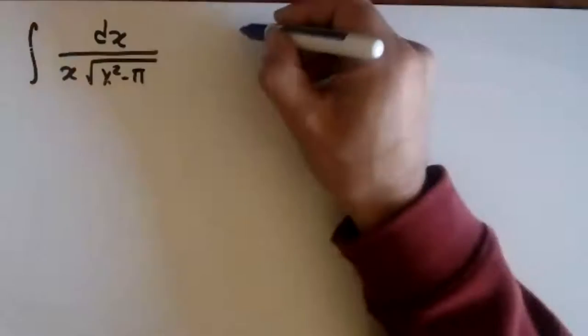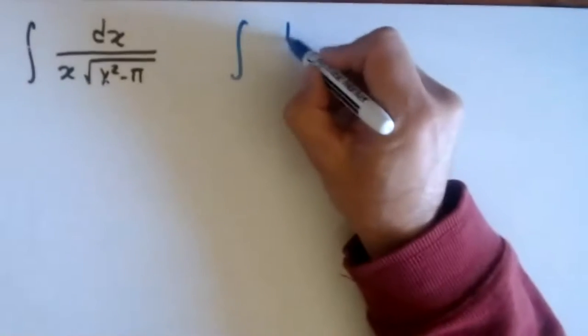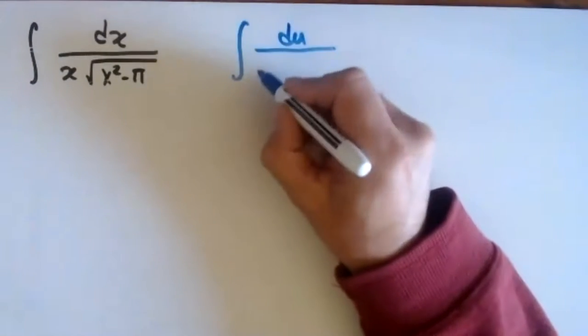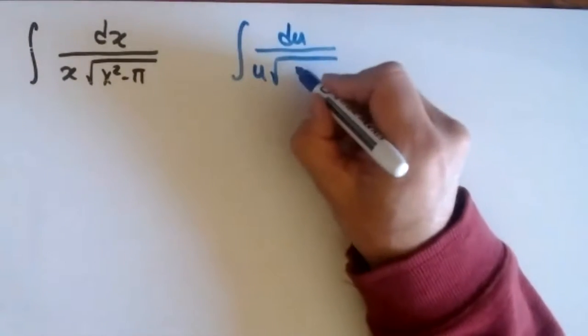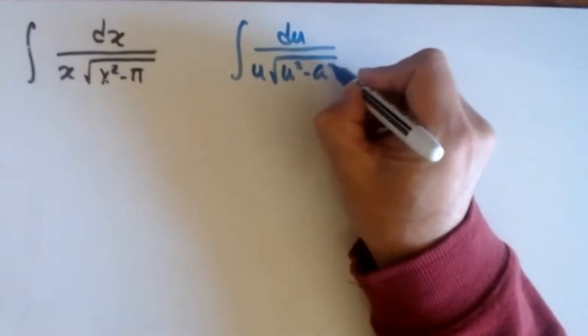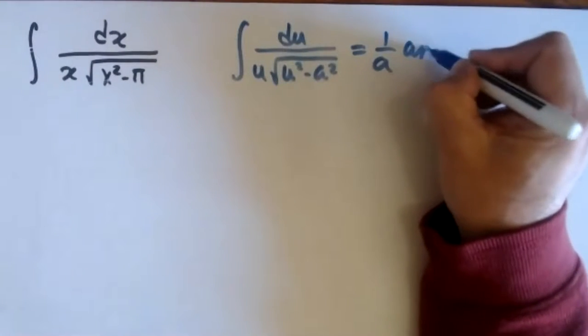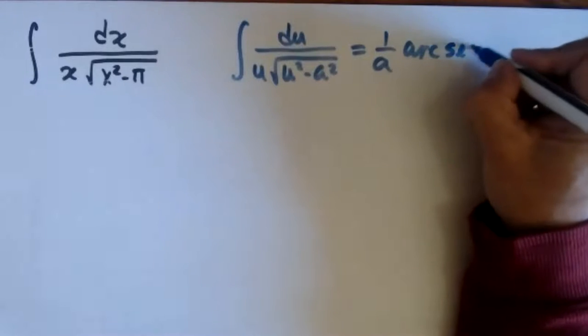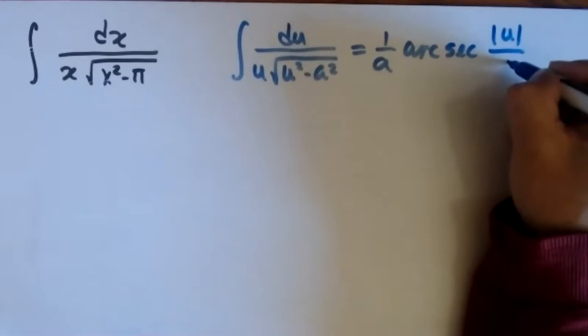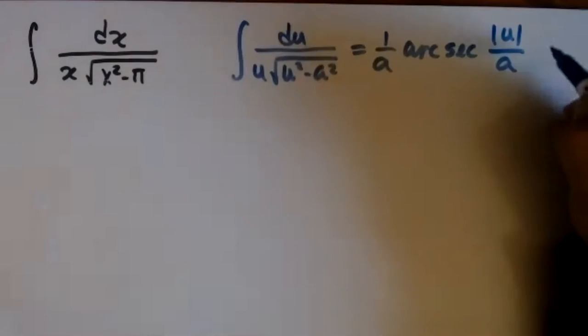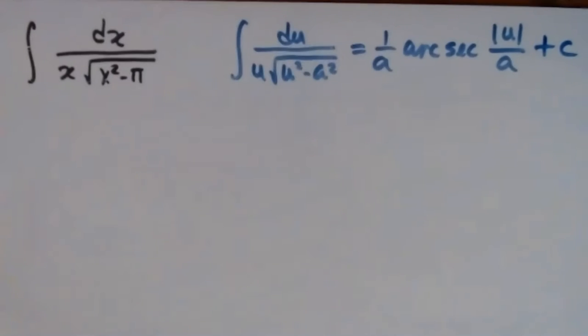So the integral of du over u square root of u squared minus a squared is 1 over a, the arcsecant absolute value of u over a, plus my constant, obviously, correct?